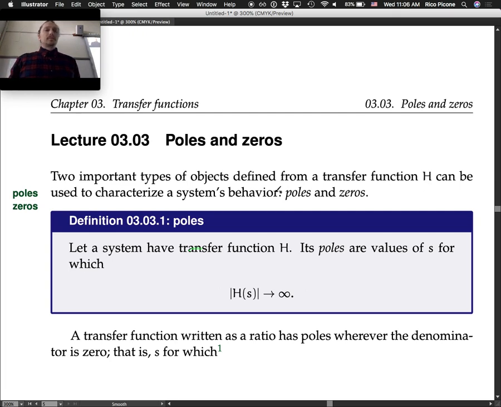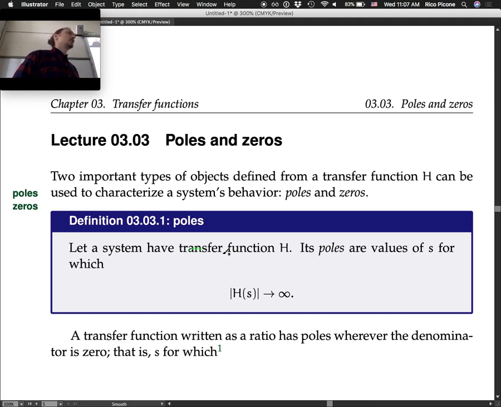So the first definition that we'll encounter is of poles. Let a system have transfer function h. Its poles are defined to be values of s for which the magnitude of h approaches infinity. The magnitude of h is used because h is a complex valued function, right?